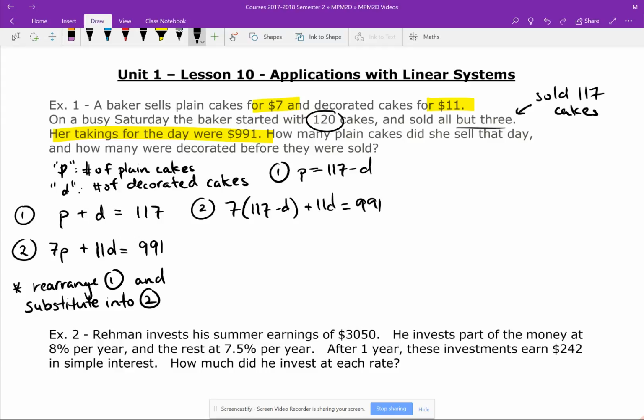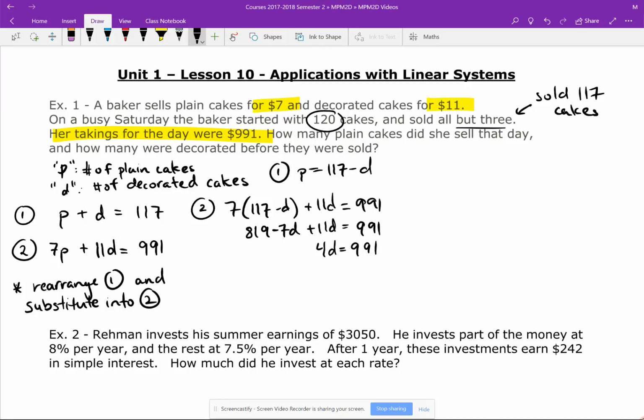So when I solve for D, I'm going to expand this a little bit. So 7 times 117 is 819, minus 7D plus 11D equals 991. Okay, and then I'm going to collect like terms here. When I collect like terms, negative 7D plus 11D is 4D, equals 991.